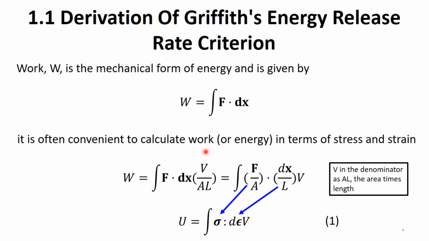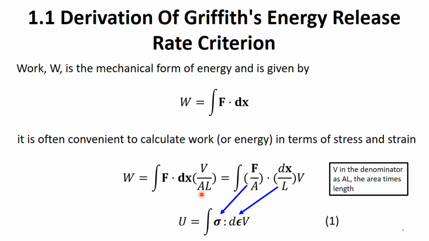It is often convenient to calculate work or energy in terms of stress and strain. In order to represent work in terms of stress and strain, we can multiply and divide this equation by volume. The volume in the denominator can be written as area into length.